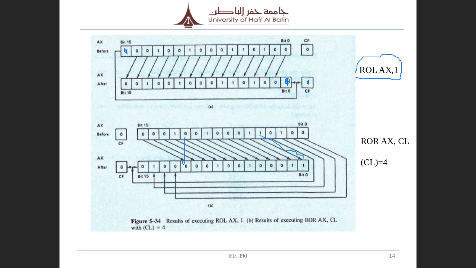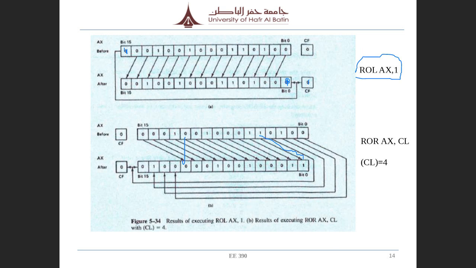The bits that go out: the 0 goes out first and fills up the carry flag and also the MSB, then the next 0 goes out and fills the carry flag and the MSB. Everything will shift.